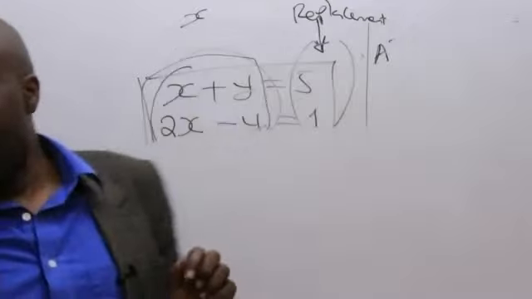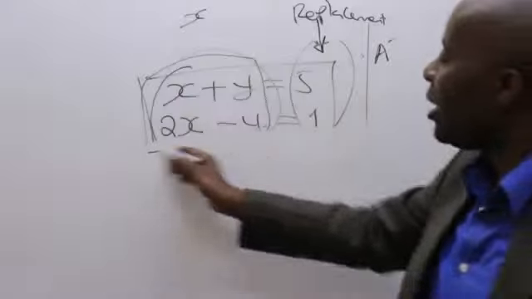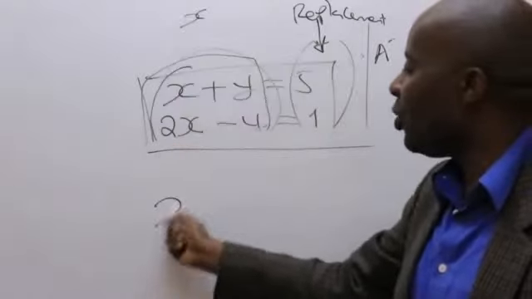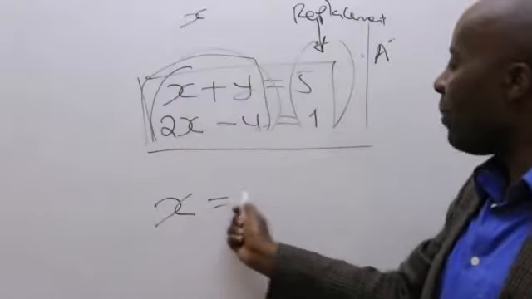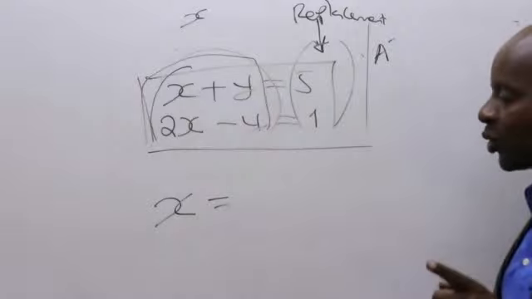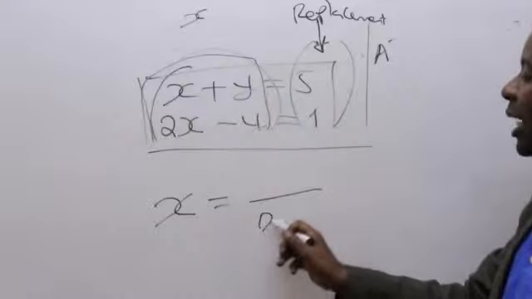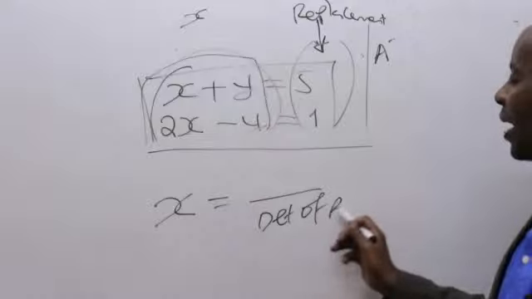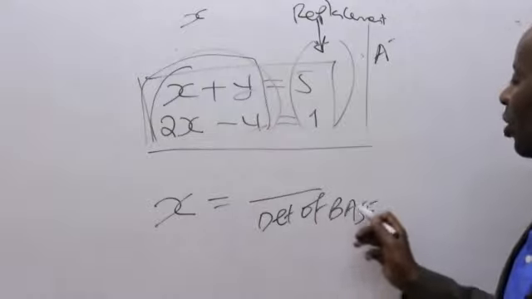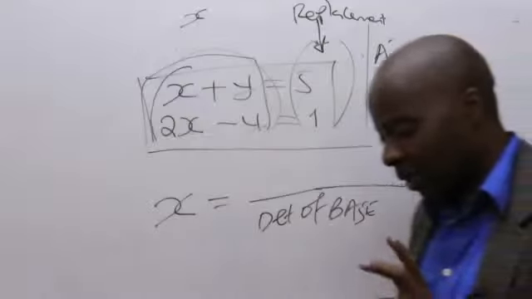This column has a special name called replacement, such that if you want me to give you the value of x, I will come and talk over, listen to me very well, two things. I'll be having the numerator matrix divided by the determinant of the base.